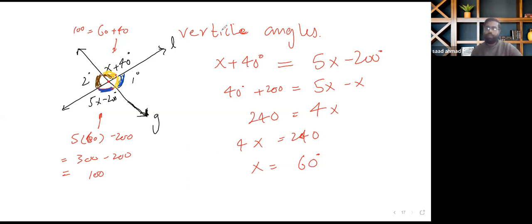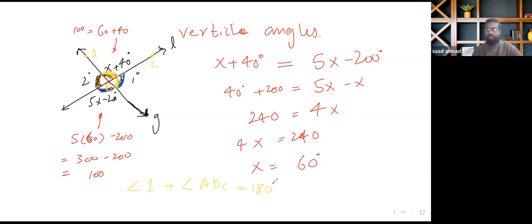Let's say we use the yellow ones. The measure of angle 1 plus, it's not 1 degree, it's just the name of the angle, and the next angle, let's name it ABC.